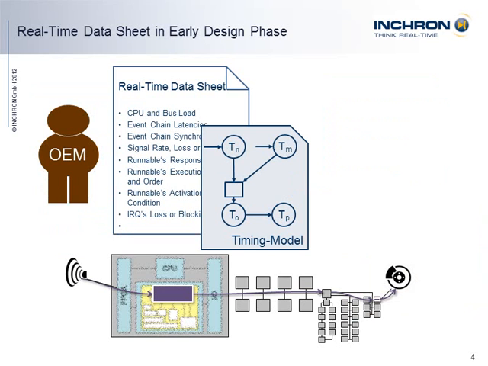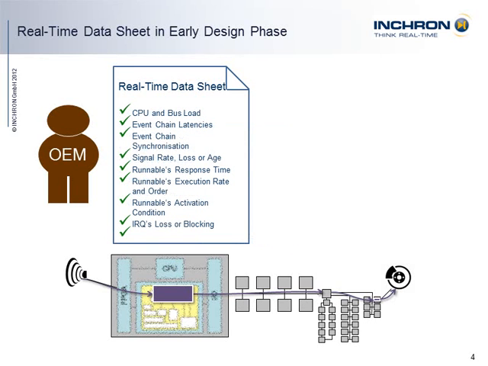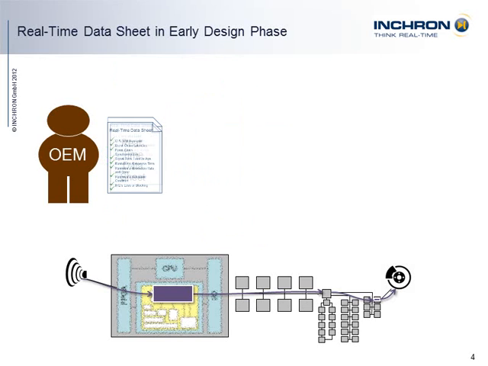In the early design phase, the OEM defines the real-time requirements of his functions, of his software components in real-time datasheets. He checks and refines the requirements and the mapping of the function blocks onto the ECUs until all requirements are met. These validated requirements become part of the specification for the suppliers.